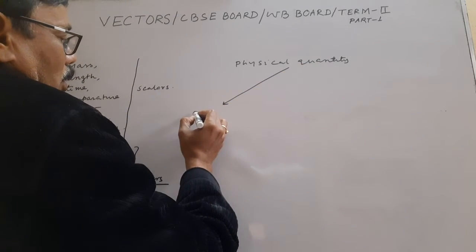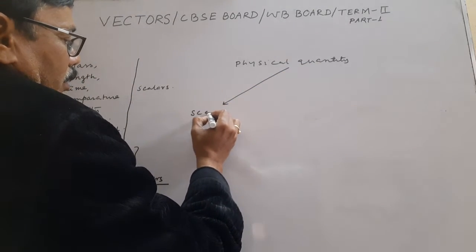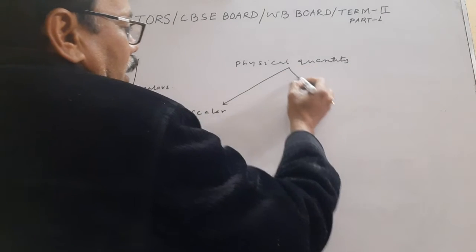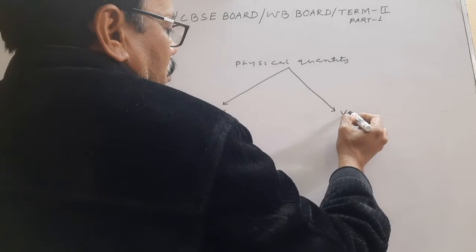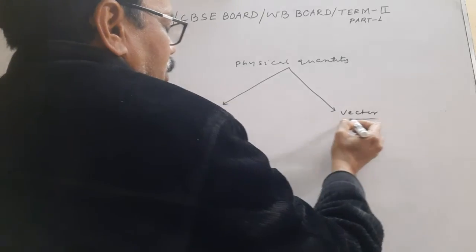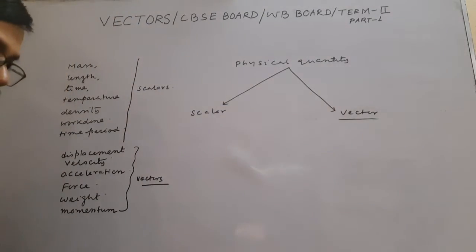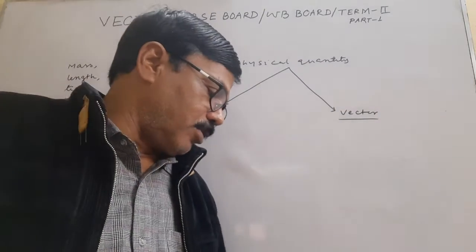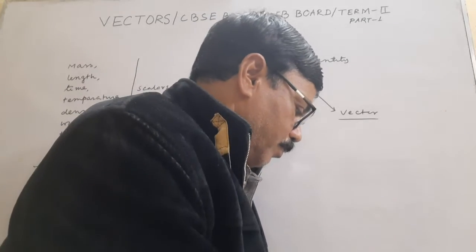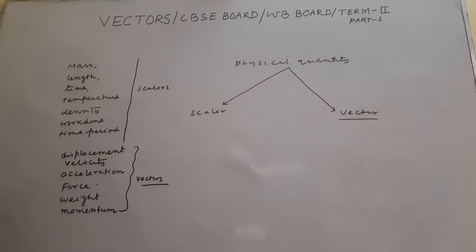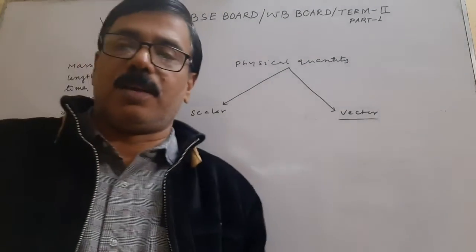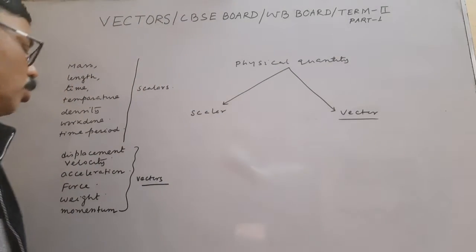So, scalar. And another one is vector. Now, the second type of quantities is not completely determined by magnitude only.